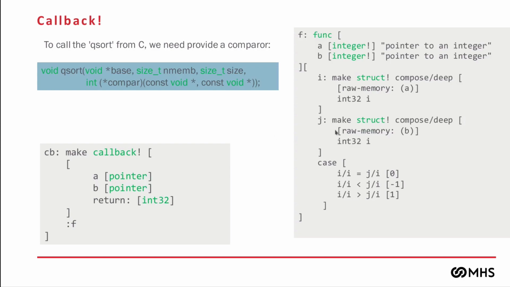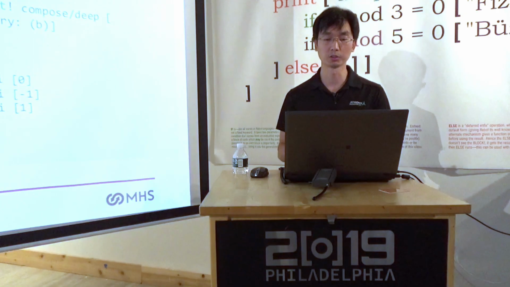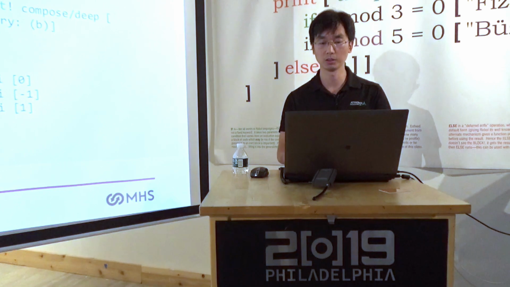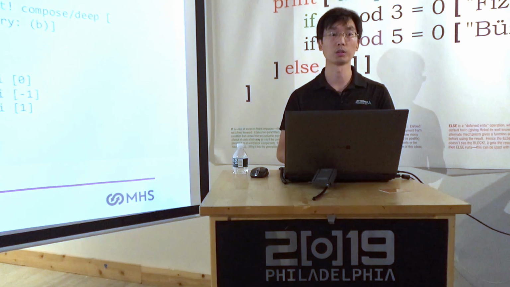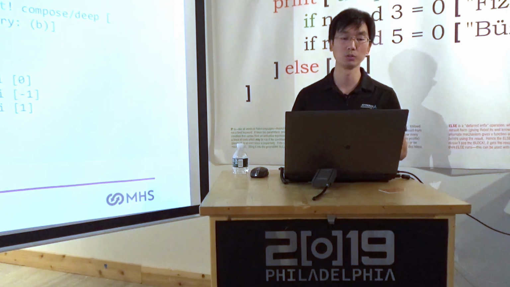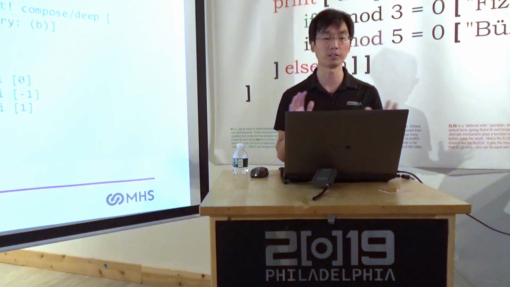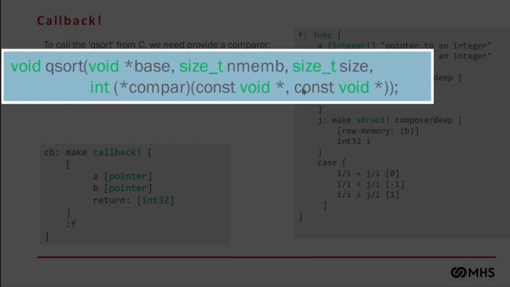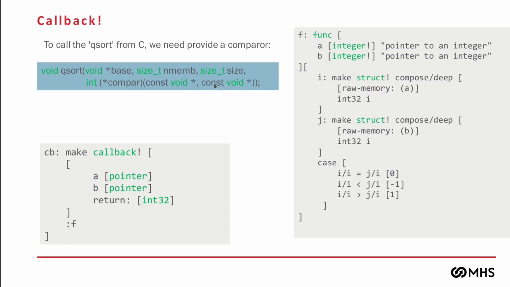Here I am trying to sort an integer array, so I assume that it'll be integers. Of course, for this C function, you can use it to sort anything. If you look at the parameters to this function, there are two pointers.